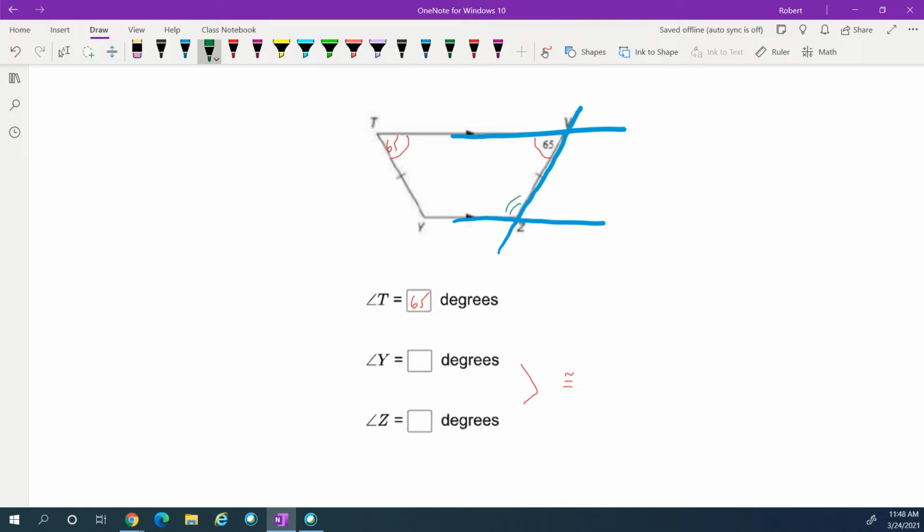So consecutive interior angles are supplementary. So we get 115 for Z and 115 for Y. 65 plus X equals 180.